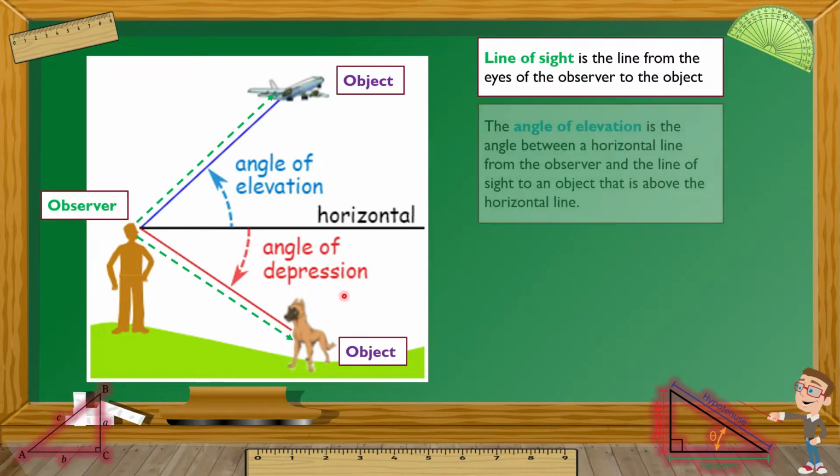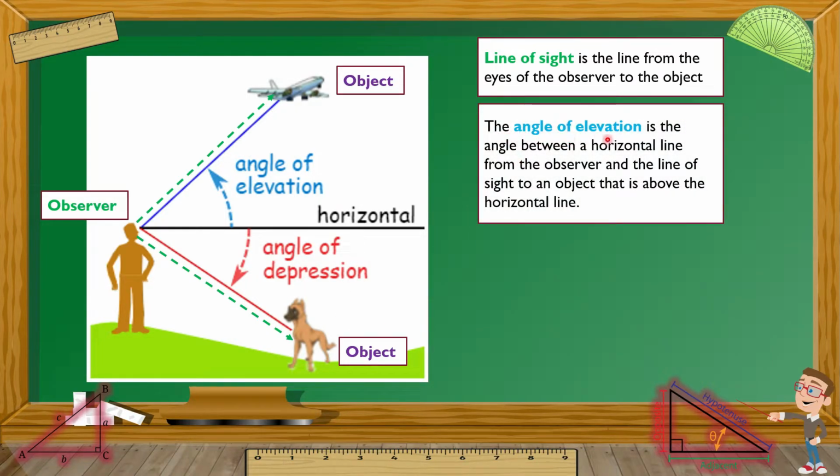So, define natin sila. So, the angle of elevation is the angle between a horizontal line from the observer and the line of sight to an object that is above the horizontal line. So, it is an angle daw, no? Angle between a horizontal line at saka yung line doon sa observer. Yung line of sight niya.